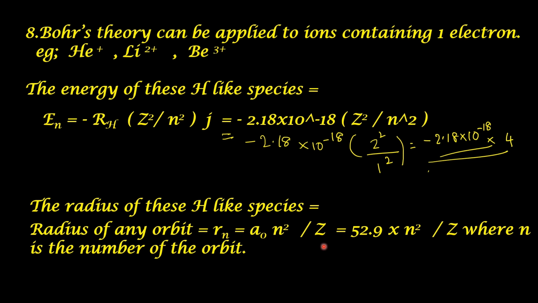For lithium, the atomic number Z is equal to 3 and for beryllium it is 4. So the value will become smaller and smaller. That is, the radius of the orbit of these species decreases with increase in atomic number.